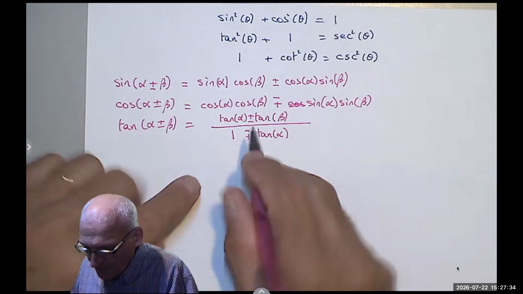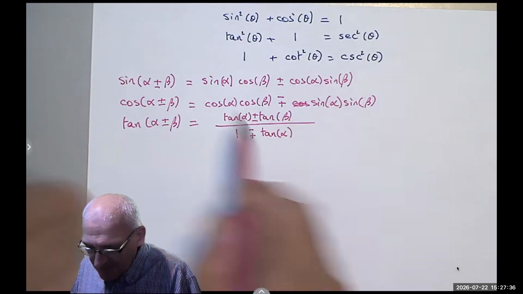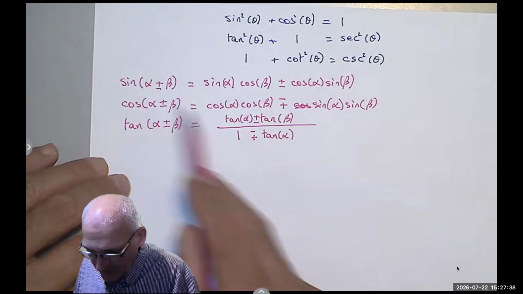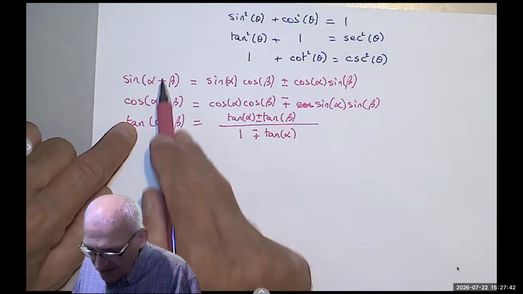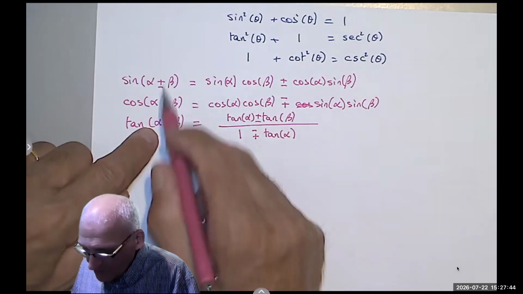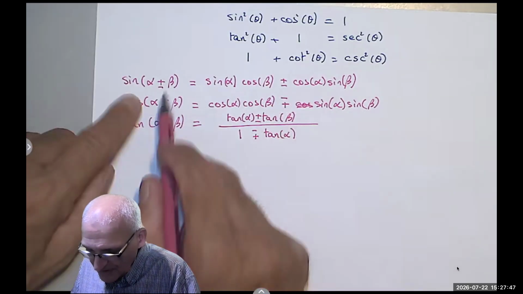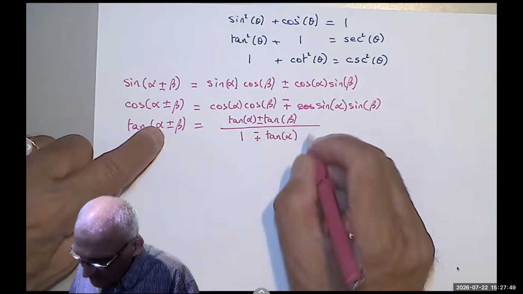When you divide, you do it backwards. And you can remember it this way: sine is the numerator for the tan, cosine is the denominator. For sine, the signs follow the same, and for cosine, they switch.